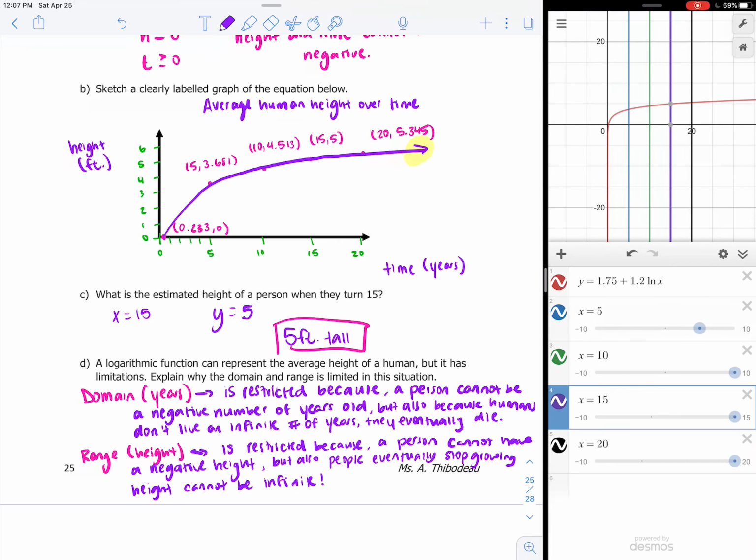So we can't physically write down what the domain and the range is, but we can say that these restrictions exist, so we can't continue looking at this graph forever because it doesn't necessarily represent the situation perfectly. It's just an idea of how the trend continues.